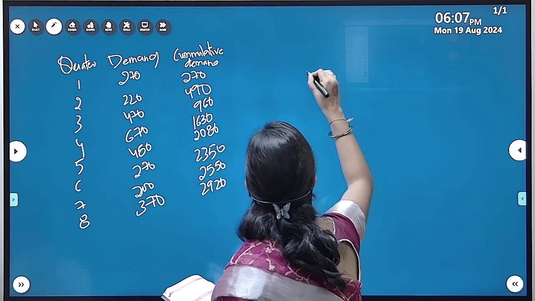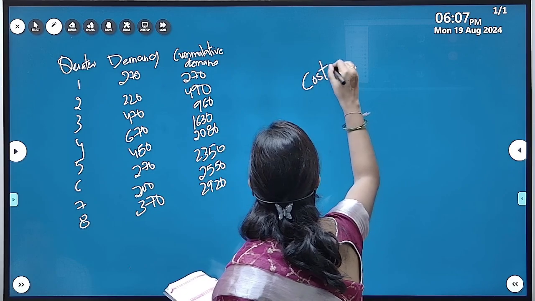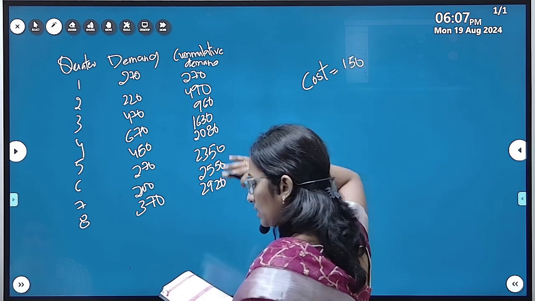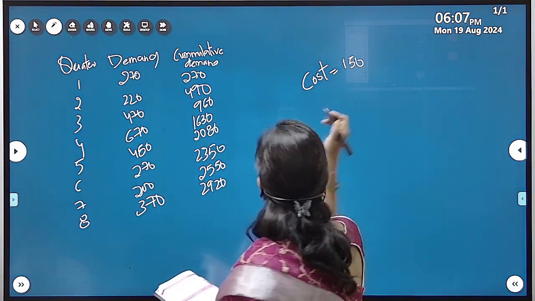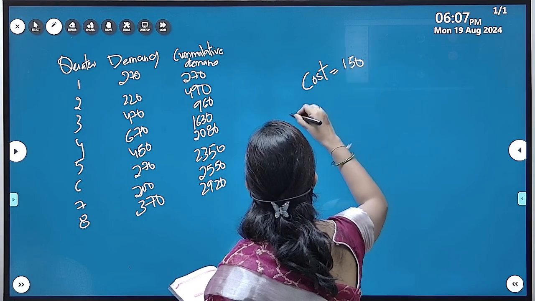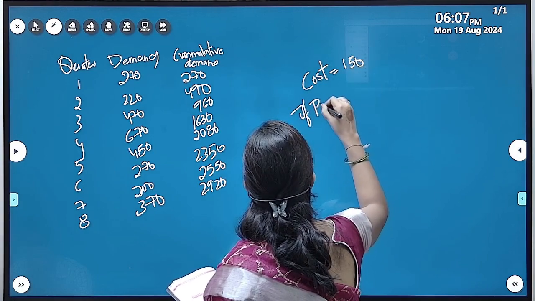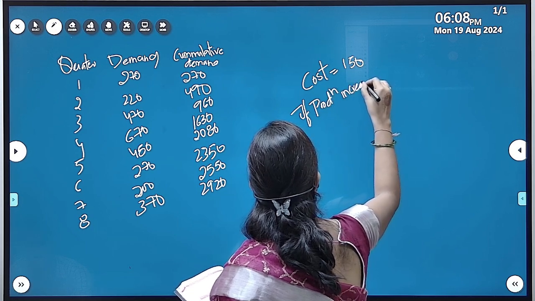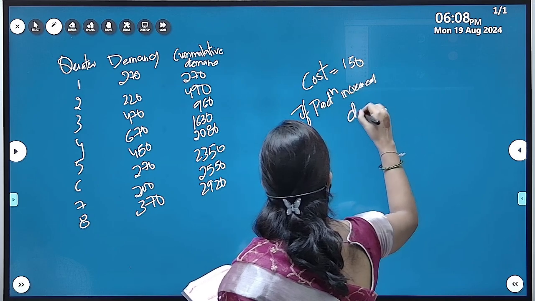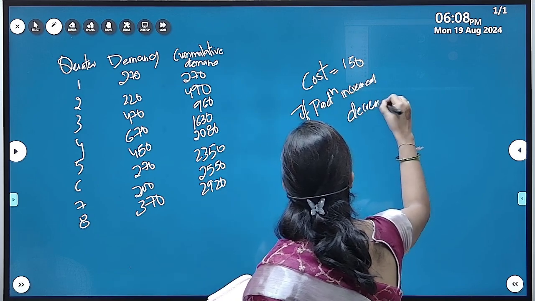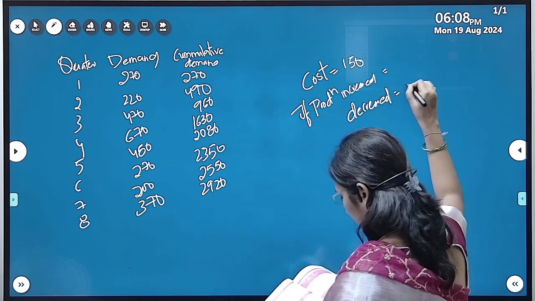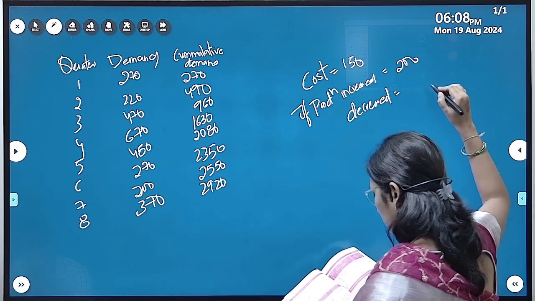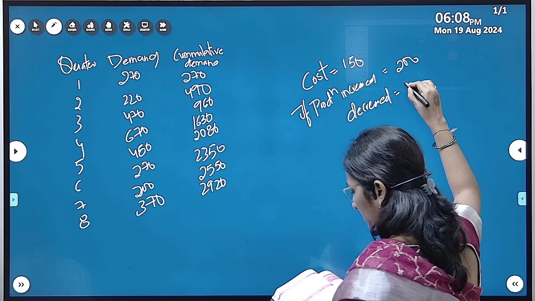The firm estimated the cost of rupees 150 if the production increases.